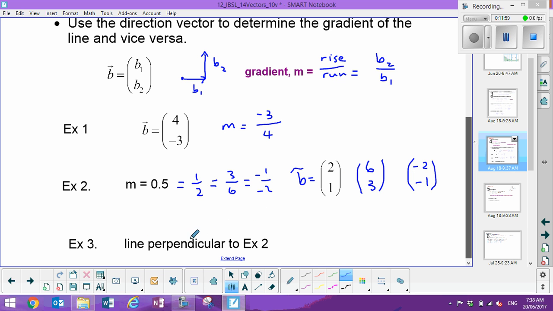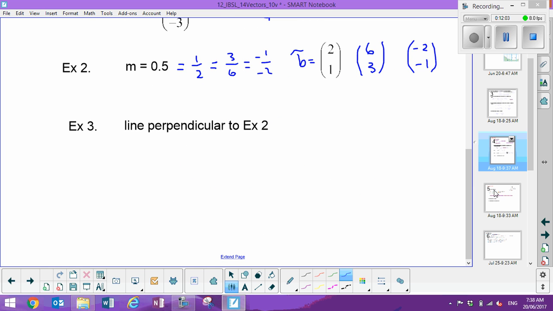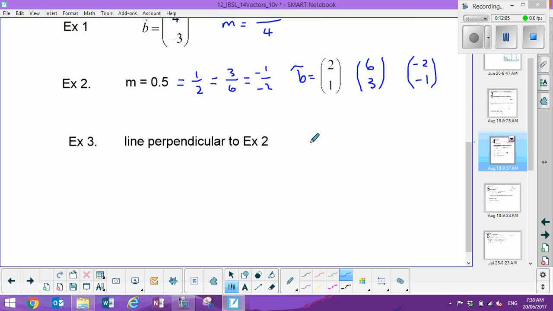If I wanted a line perpendicular to our example here, remember lines that are perpendicular multiply to give minus 1, so the negative reciprocal.